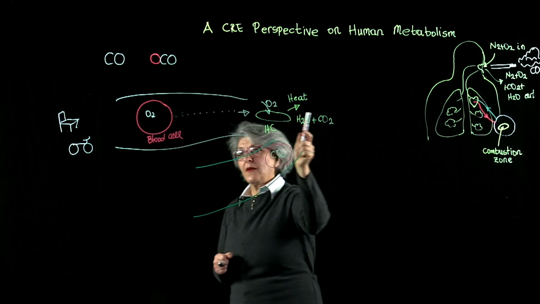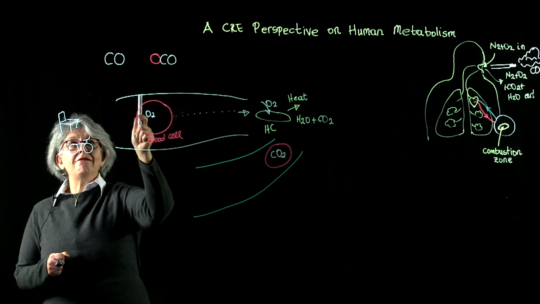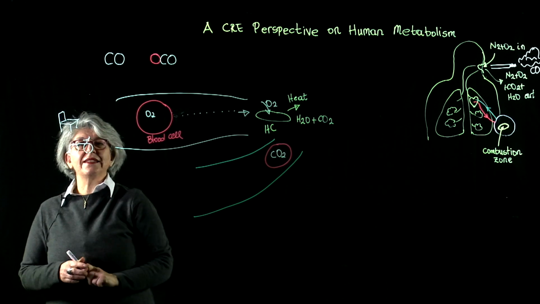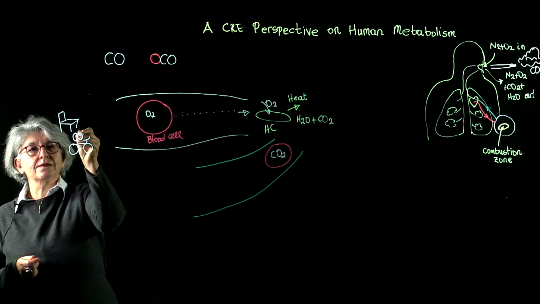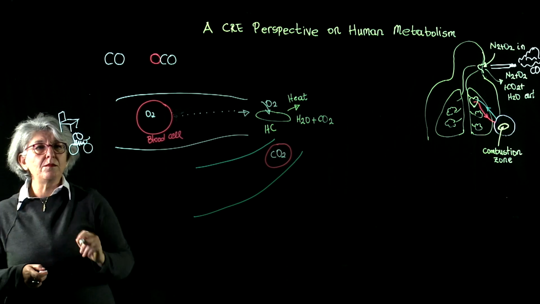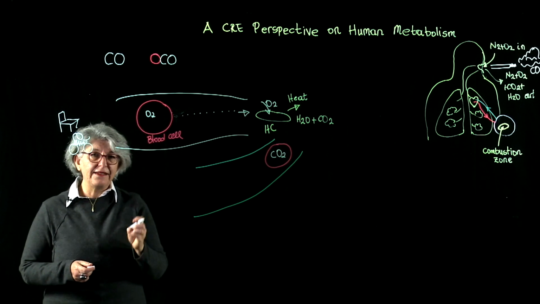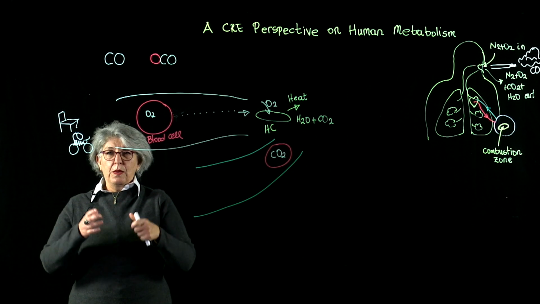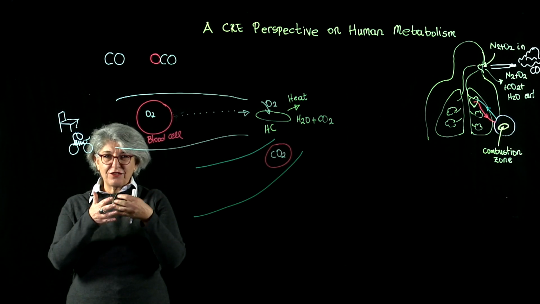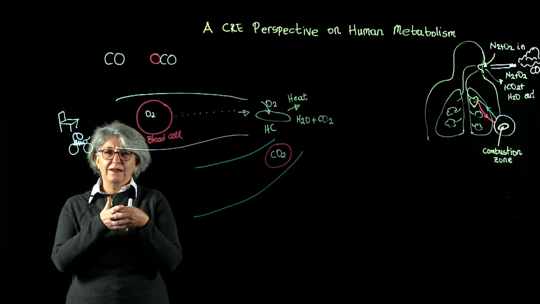All right? But now when carbon monoxide sits on these chairs, it sits forever. Carbon monoxide doesn't leave this seat because it has bonds craving to be saturated, all right?